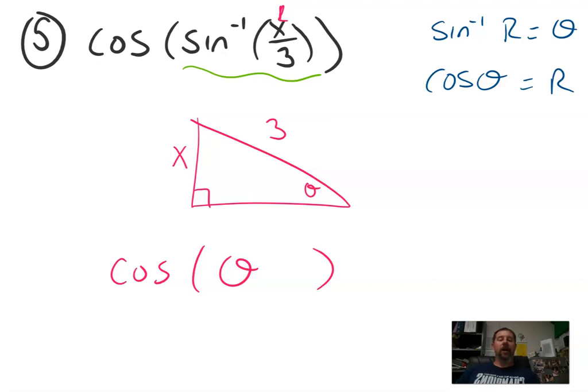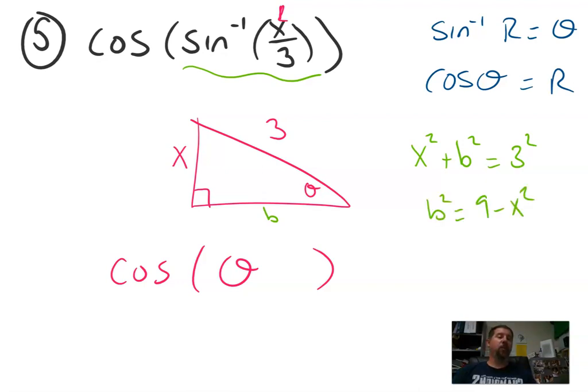So, cosine is the adjacent over the hypotenuse, and I don't have the adjacent side here, but if I have the other two sides of a right triangle, I could go ahead and solve for the adjacent side. So x squared plus b squared equals 3 squared, where b is this adjacent side, and now I can solve for b. So b squared would be 9 minus x squared, and if I square root both sides, I get that b is the square root of 9 minus x squared.